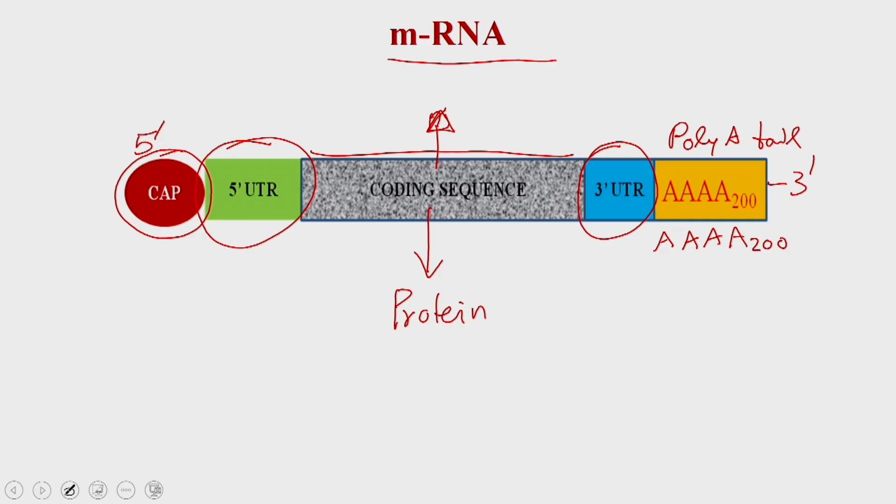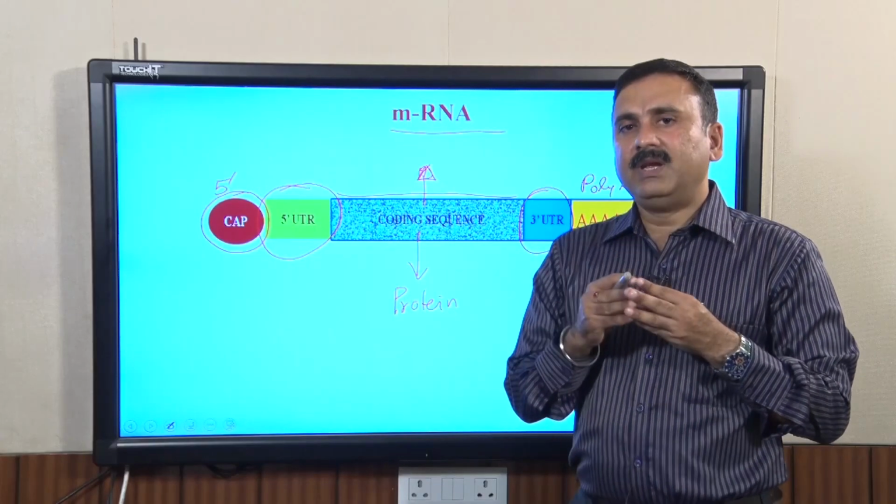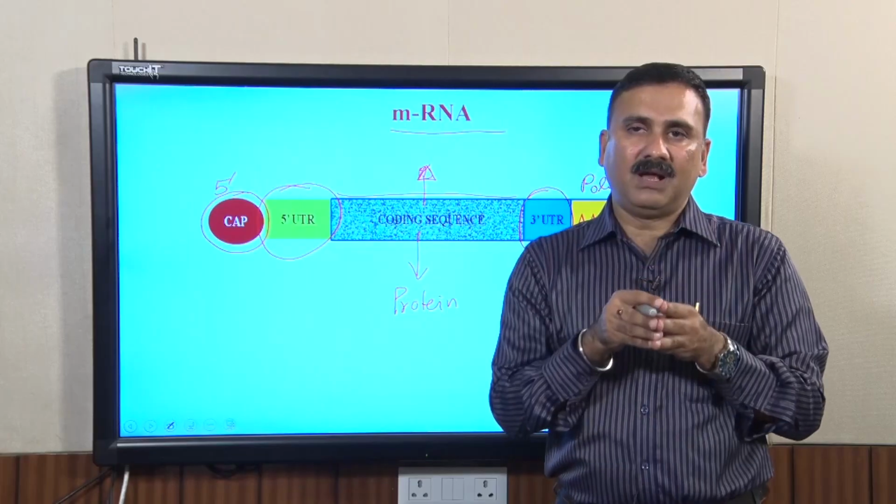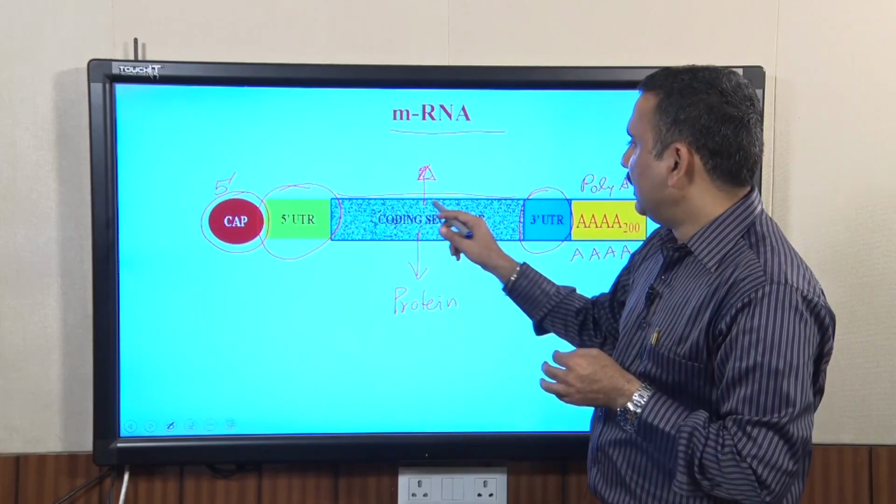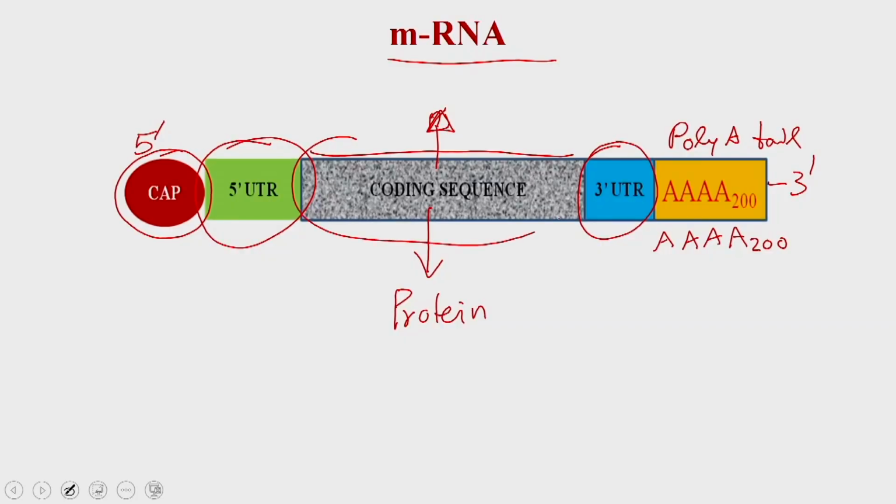Because we do not have to purify a single messenger RNA, otherwise you could use a coding sequence, or a sequence complementary to the coding sequence, to get that particular messenger RNA, but that is not what we want.